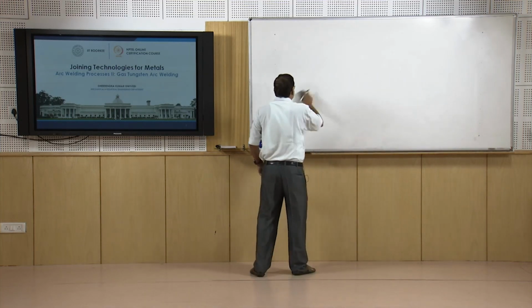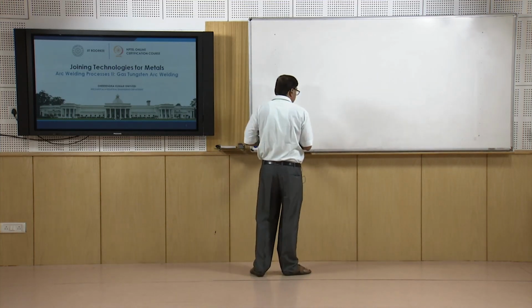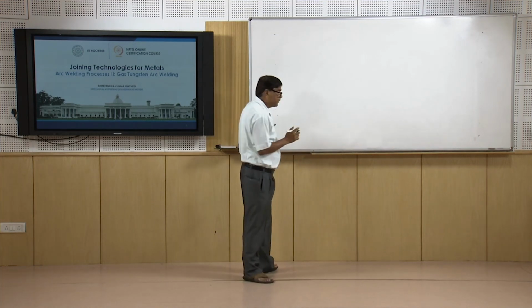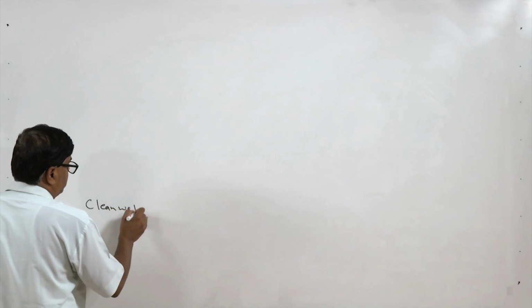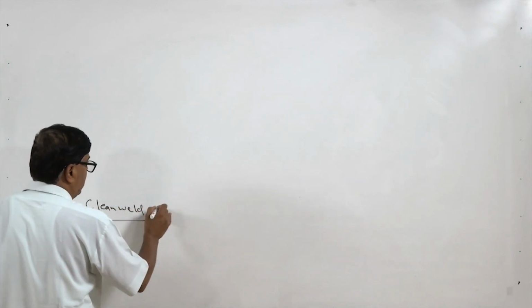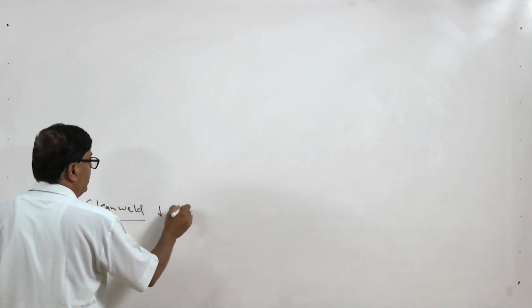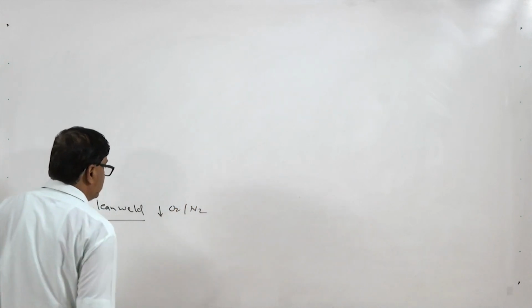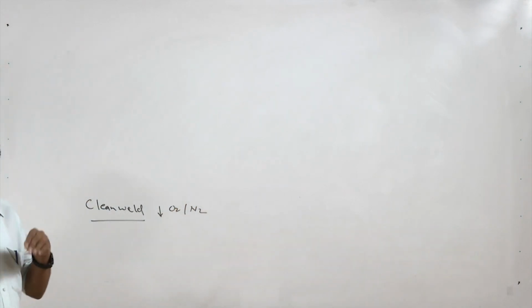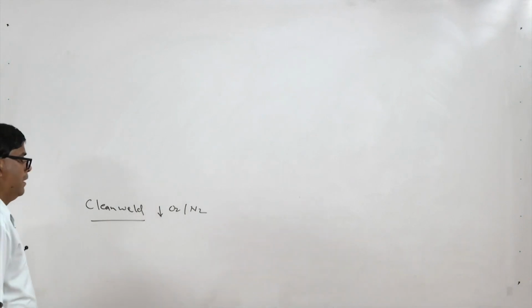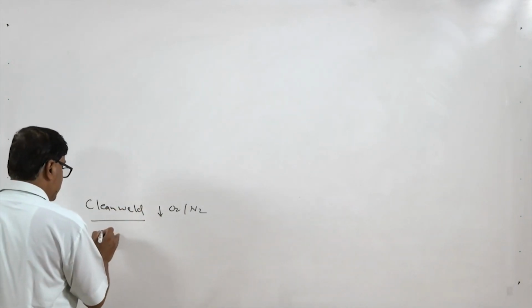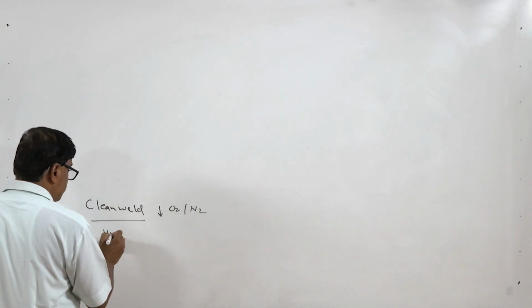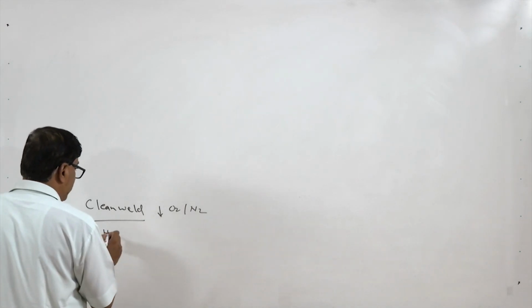In addition to the capability to produce clean weld, with a very low concentration of oxygen and nitrogen, the TIG offers another unique feature among the arc welding processes, that is the capability to melt with very low heat input.